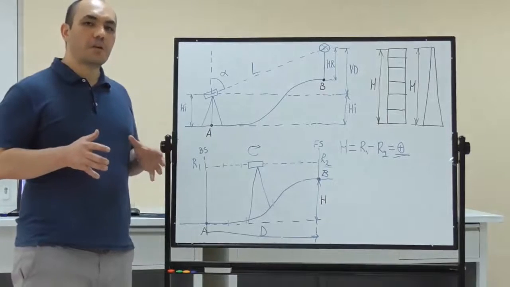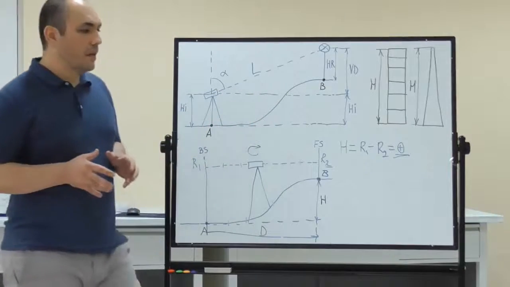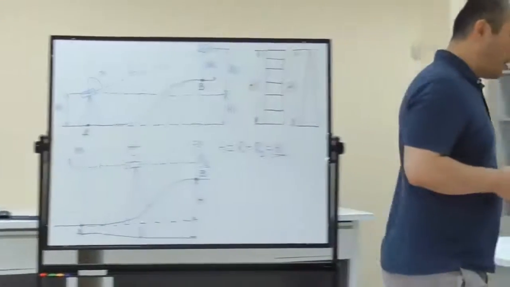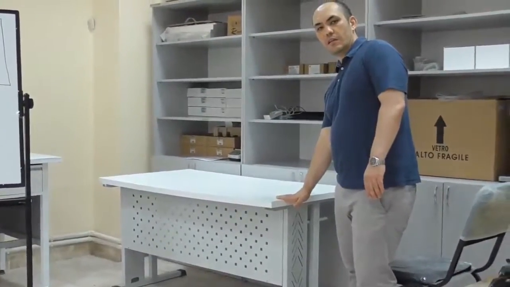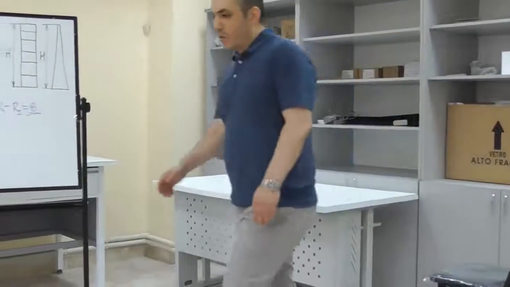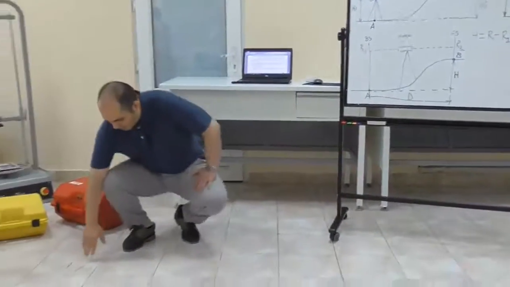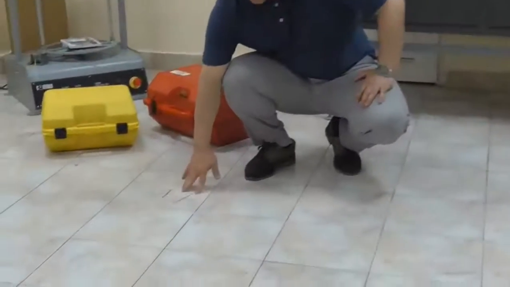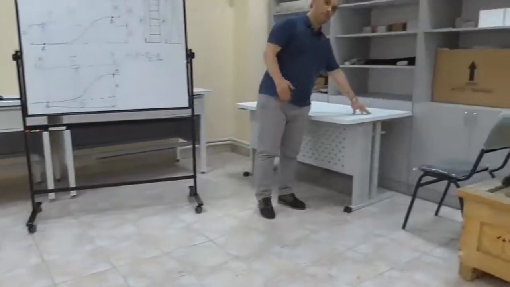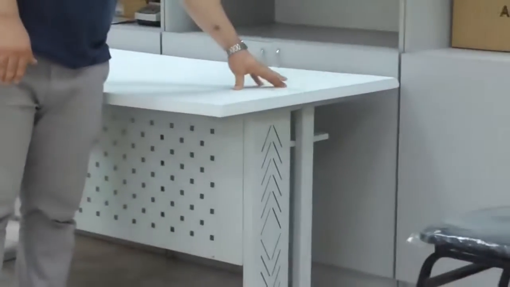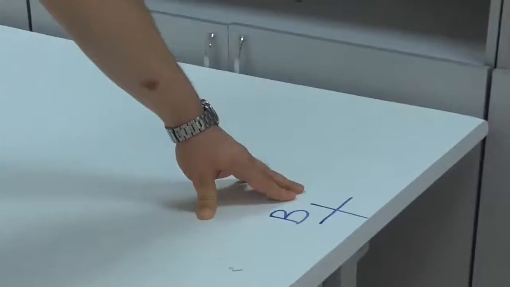Unfortunately, in our laboratory, we don't have a hill like this, but today this table plays the role of a hill, okay? And today we're going to determine the relative height between point A, this is A, and point B. So this is point B, okay?